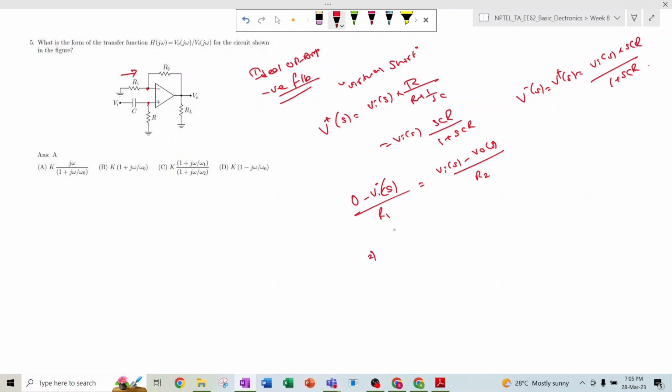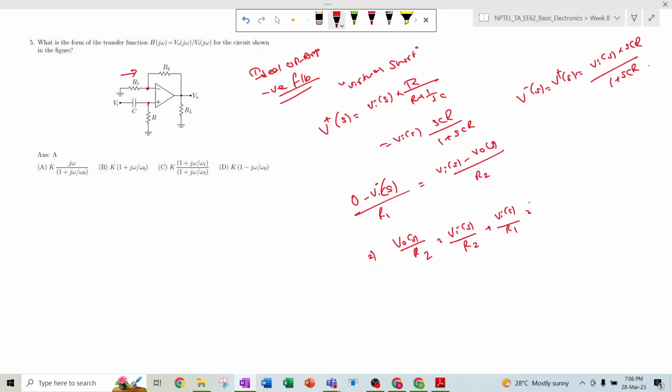So now what you are getting, VOS divided by R2 is equal to VIS divided by R2 plus VIS divided by R1.